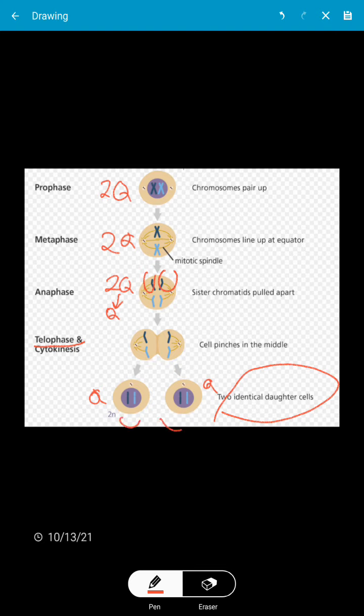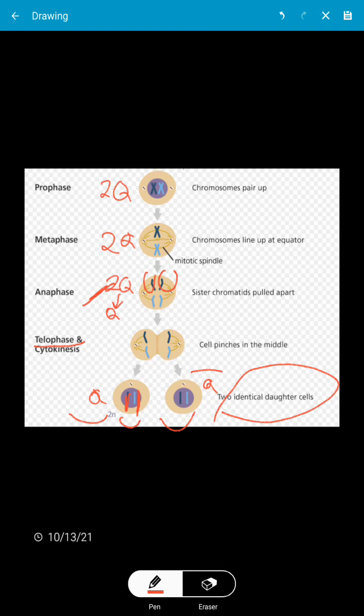Each cell having the same number of chromosomes as the mother cell, but in the haploid state, sorry, not in the diploid state, in each chromosome of one chromatid, not of two chromatids. Okay? Then the quantity of DNA was reduced from 2Q to Q for each daughter cell in the telophase.